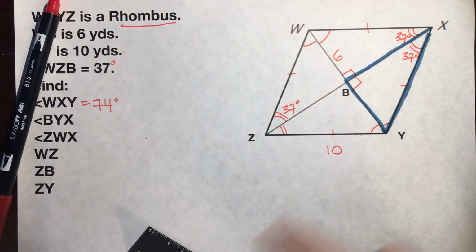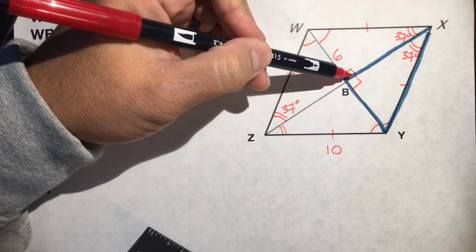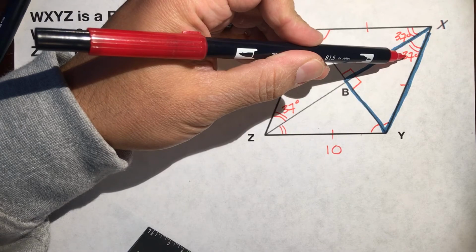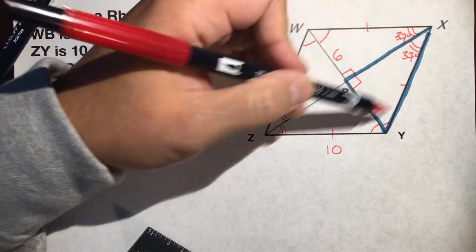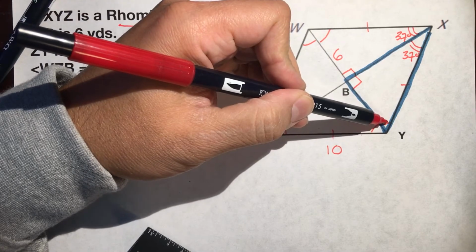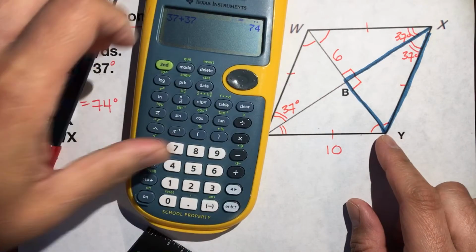Let's just focus on this blue triangle. We know that the diagonals are perpendicular, so this is 90. We know that this is 37 degrees because all 4 of these angles are 37 degrees. So let's use the triangle sum theorem to figure out what this angle is.